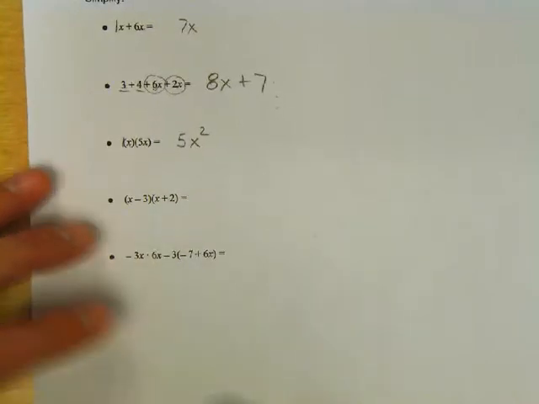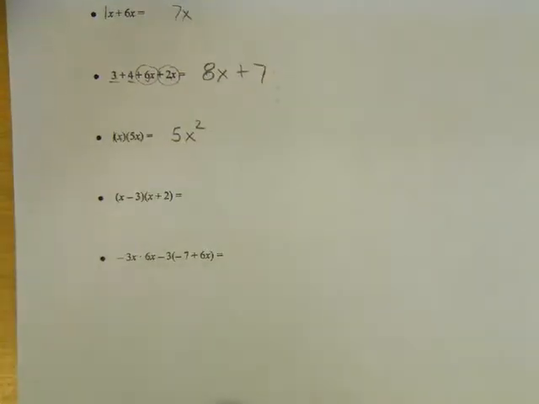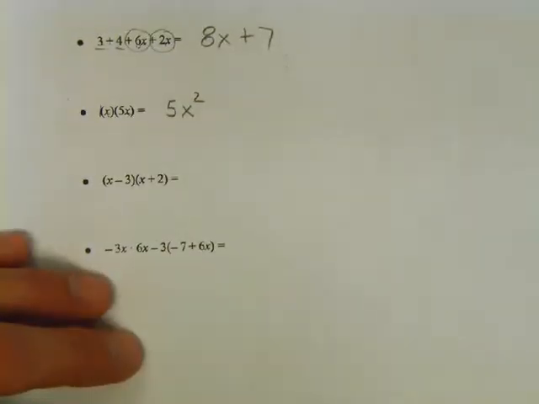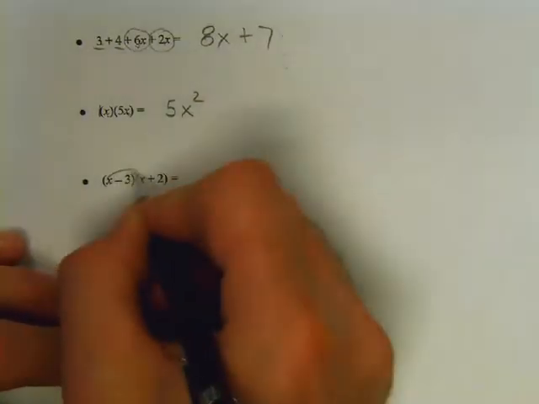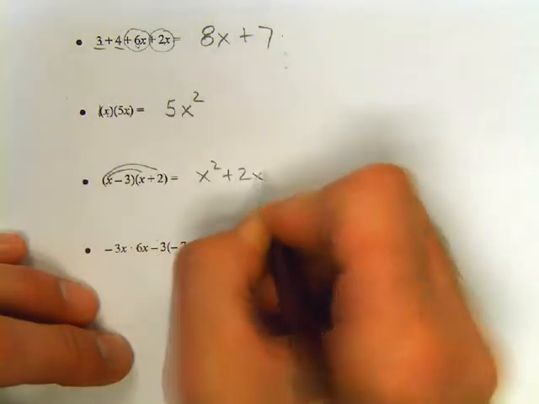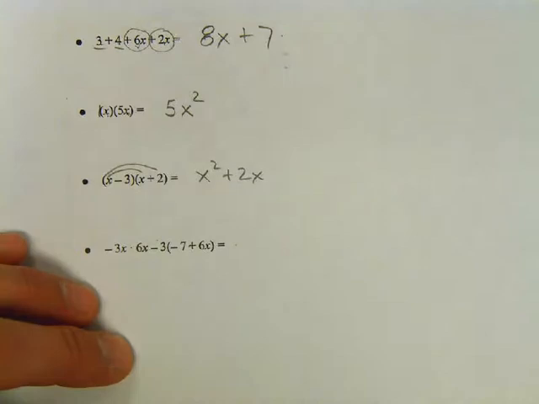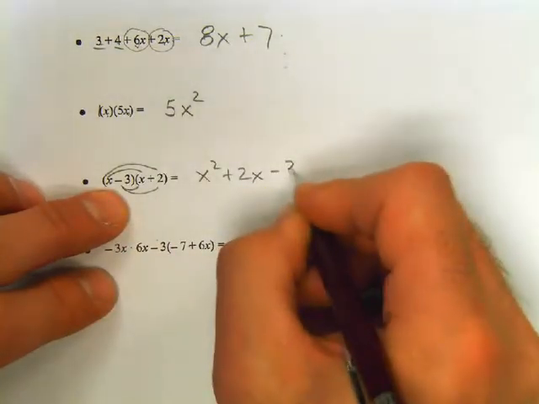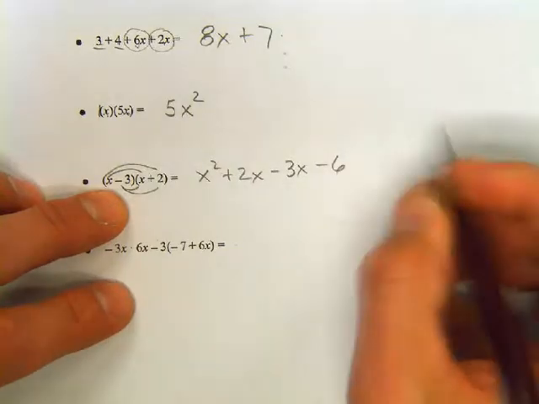All right. Next one. Oh, we have 2 linear binomials multiplied. We know how to do this. Distribute the x. So we'd have x squared plus 2x, distribute the negative 3, we'd have negative 3x minus 6.